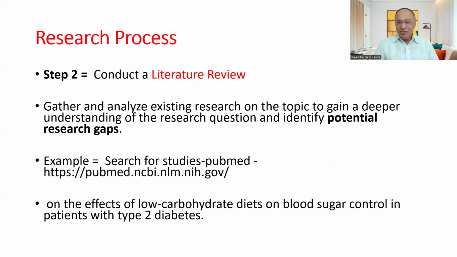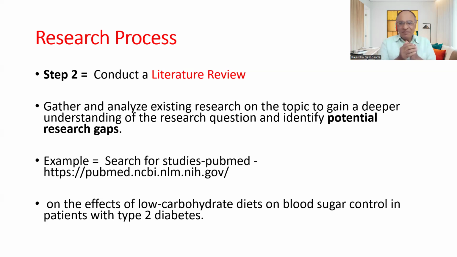We are talking about the research process, the steps in the research. Step number 2, conduct a literature review. Gather and analyze the existing researches on the topic to gain a deeper understanding of the research question, and the researcher can identify the potential research gaps.